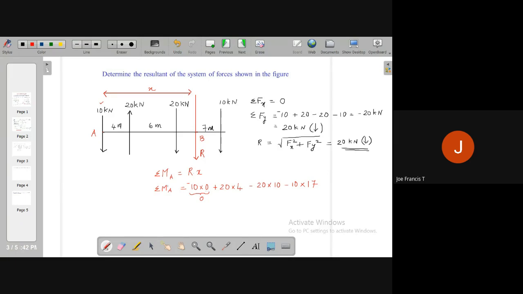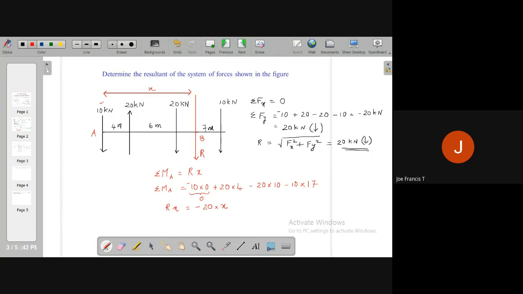So that is the left hand side. Now the right hand side is R into X. In our case, what is R into X? R is 20 kilonewton. So 20 into X, we don't know. That is what we need to find. What will be the direction? The sign will be negative, since it is a clockwise moment.